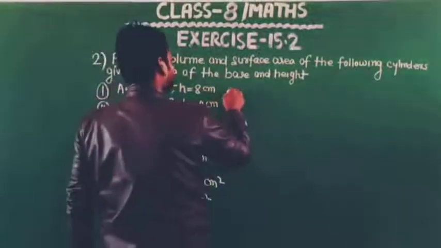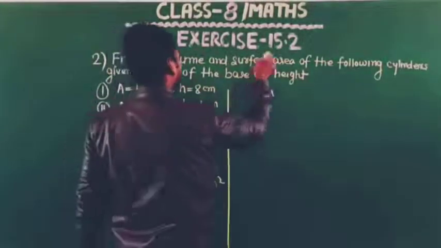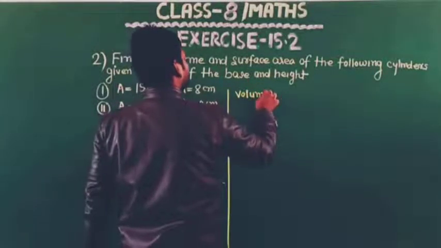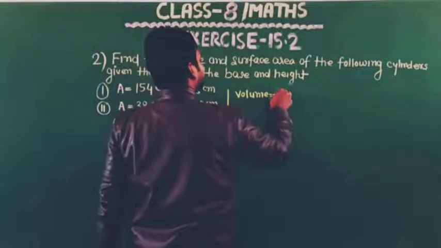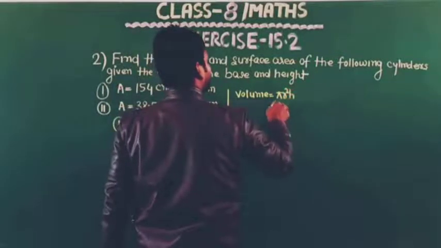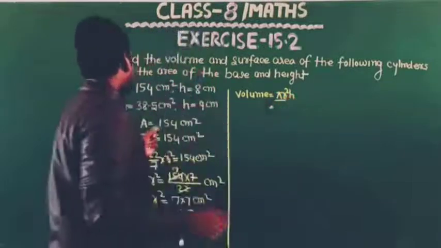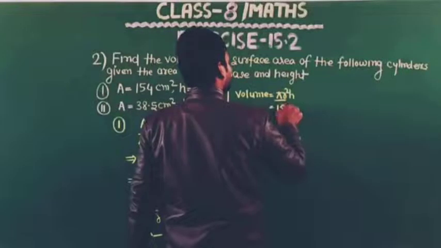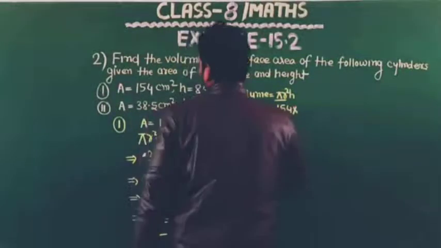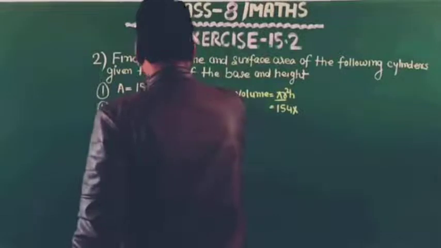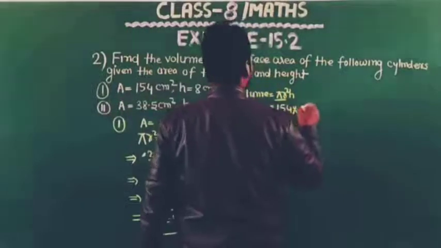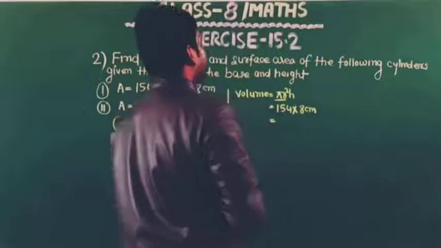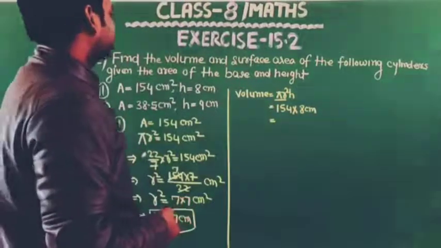We know the formula for volume, which is pi r square h. The value of pi r square is 154, so substituting 154 into the formula, and height is given as 8 centimeter.